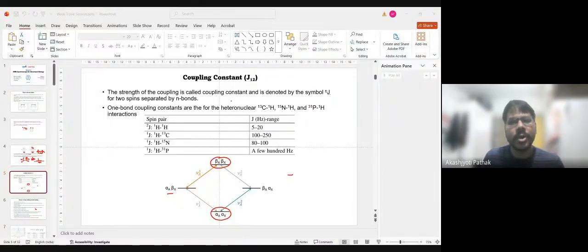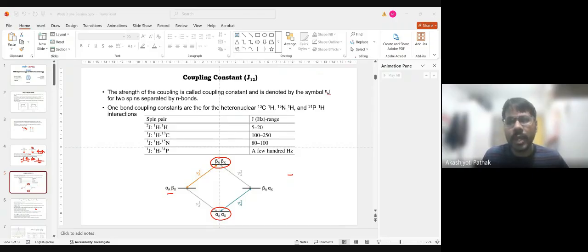Similarly, for proton B, the same case will happen. Proton B will be split by proton A, so you will get a doublet, and proton B will also be split by proton C, which will again give you a doublet. Similarly for proton C, these three protons are basically non-equivalent. Because these three protons are non-equivalent, and you had learned the n plus one rule.